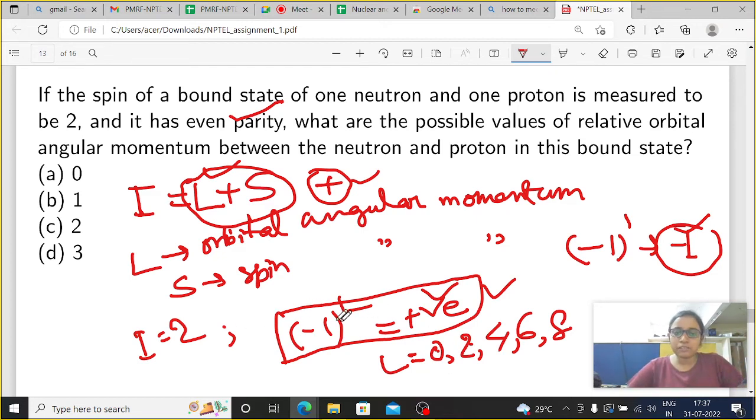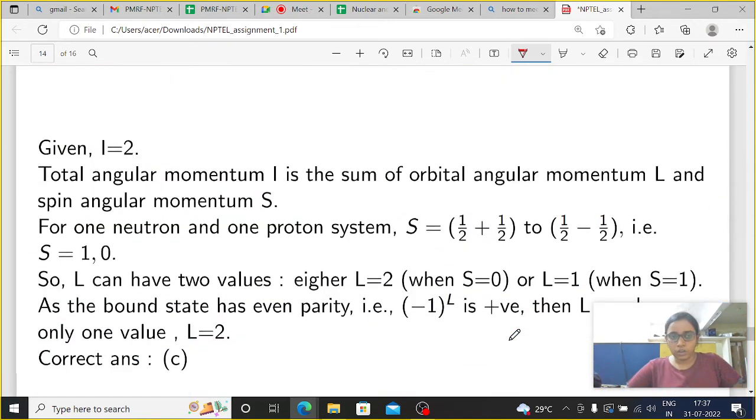Now, what will be the exact value of L? One condition is that L should be among these values, but exactly what will be the value of L?